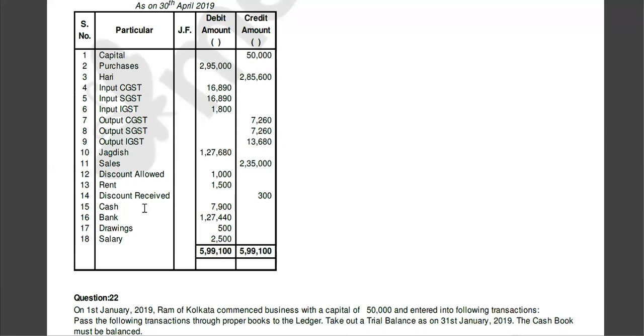The same way cash balance, bank balance. These two come from cash book balance. So in cash book balance, see how we will get, this is debit side, this will come credit side. I will show you. Cash book.